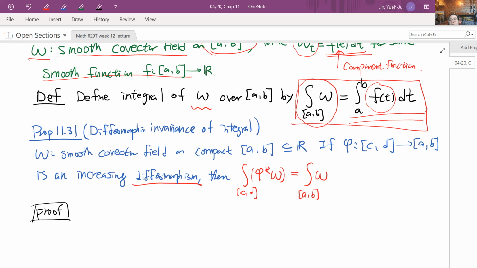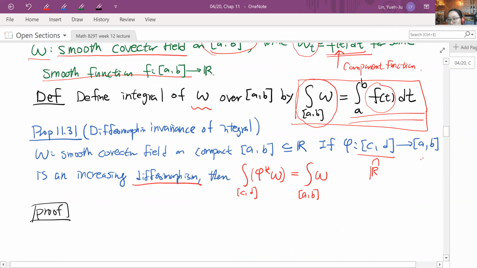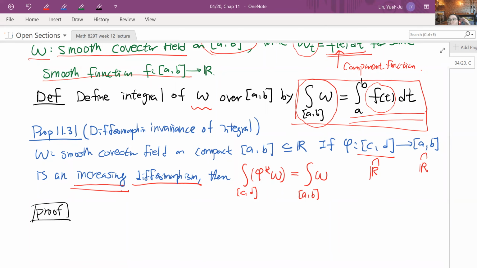And if we have a diffeomorphism between another interval in R, C and D, to A and B, and here I need to emphasize this is an increasing diffeomorphism, so essentially when you do the reparametrization or change of variable, it's in the same direction.